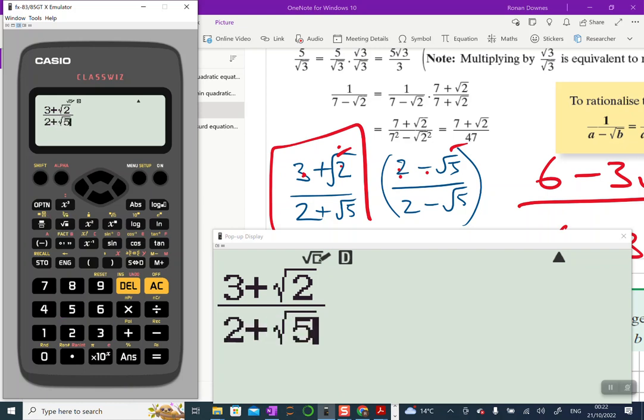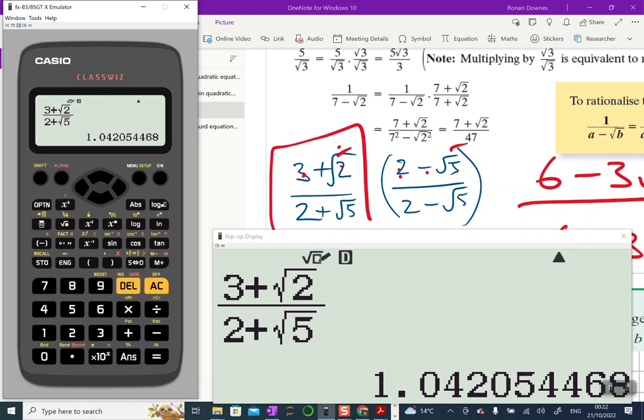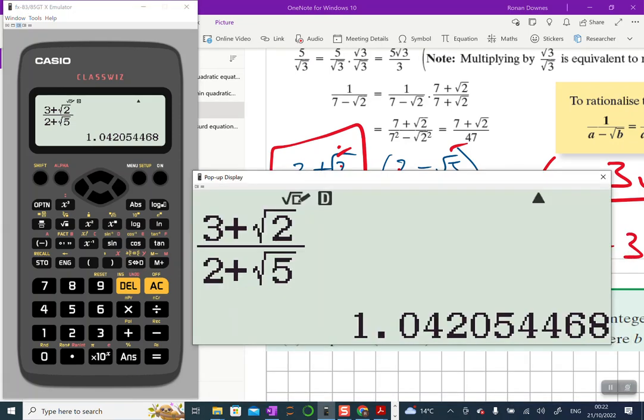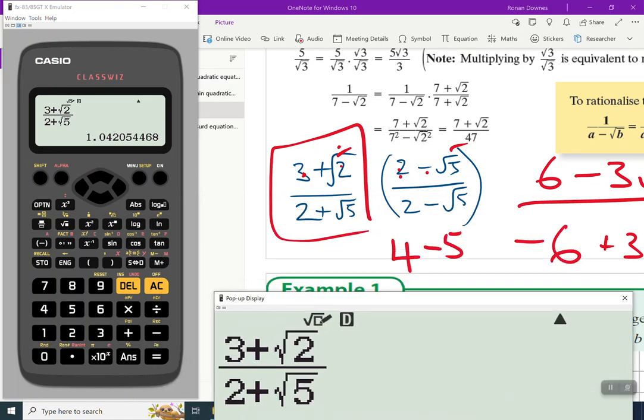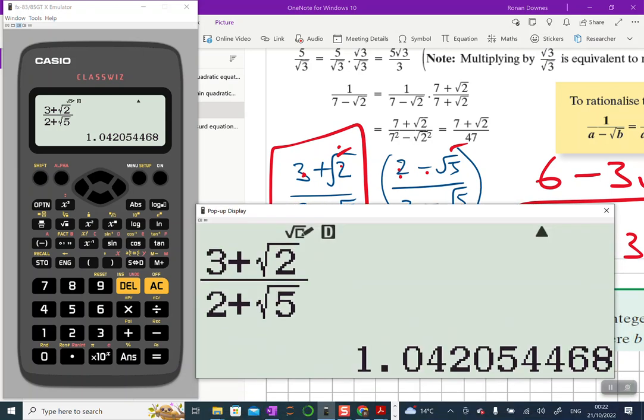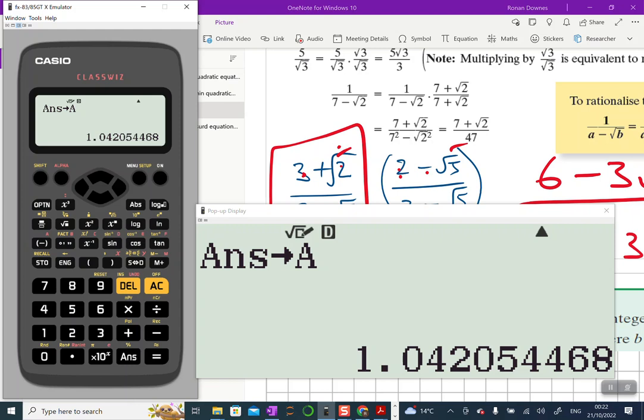I'm not sure what's going to happen here. It might just say, okay, it went straight for a decimal. It's not putting it into exact form. But we can evaluate our exact answer and see does it turn out to be that. I'm going to store that to A, because we're going to lose it otherwise. Of course, I can scribble it down, but it's 1,042.